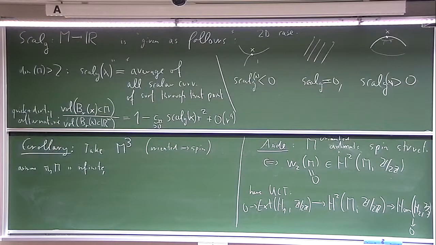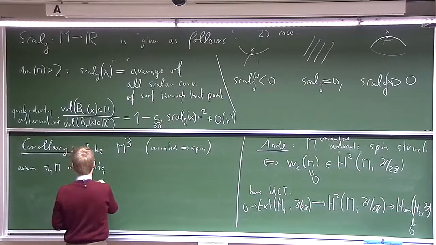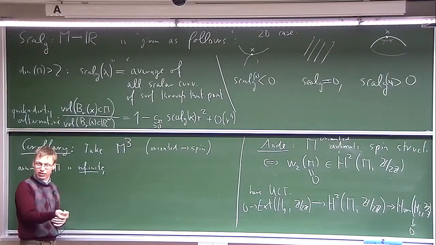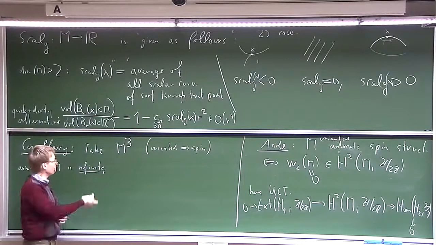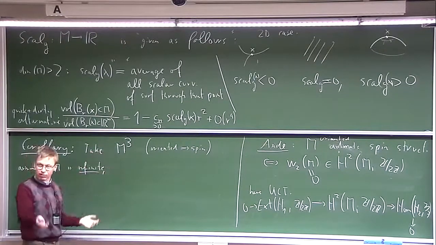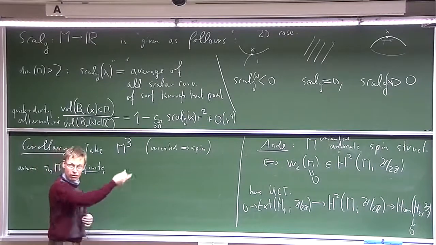We need a one-dimensional submanifold of this three-dimensional manifold, which should be somehow interesting. Codimension 2, right. Because pi 1 is infinite, we have an interesting one-dimensional submanifold inside. We just take a circle, and by general position, you can make it a submanifold. And because M is oriented, it has trivial normal bundle automatically. So everything is satisfied.